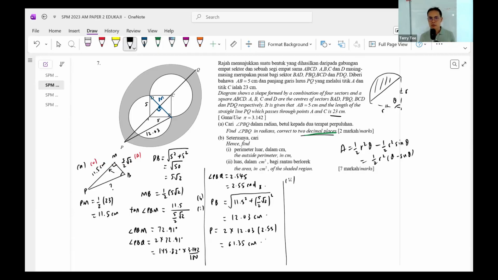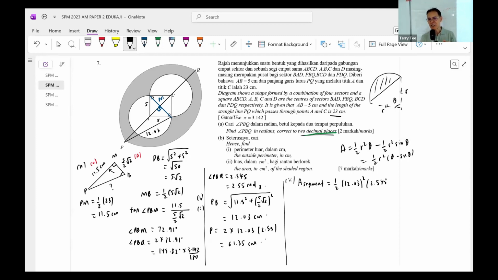Okay, so maybe I do one by one. I count one by one for you. So what's your area of segment? Your segment should be half. What's your radius? 12.03, right? 12.03 squared, times theta. What's your theta? Okay, come to think of it, guys, I better use 2.545.